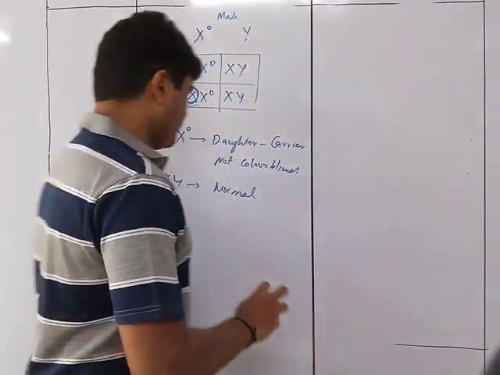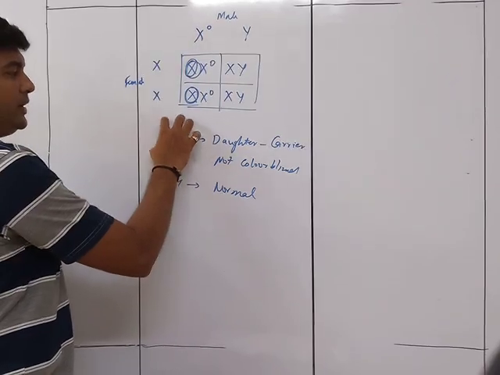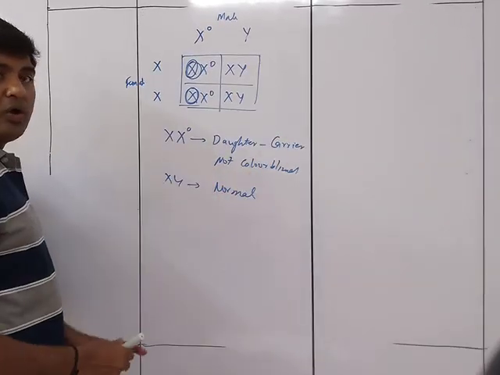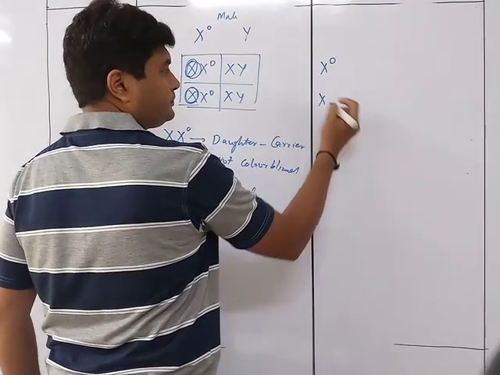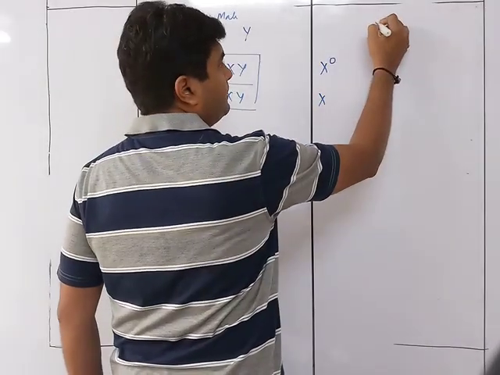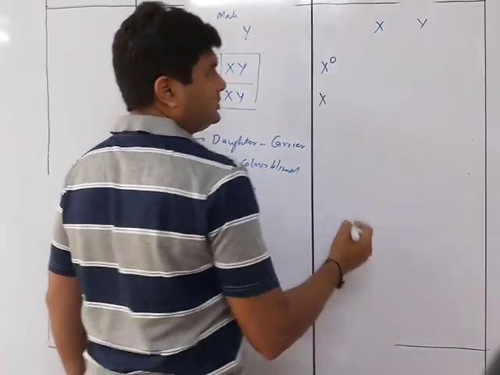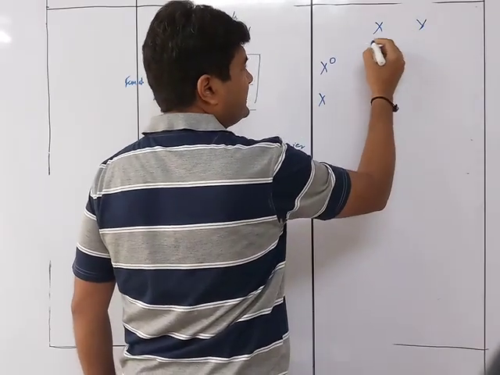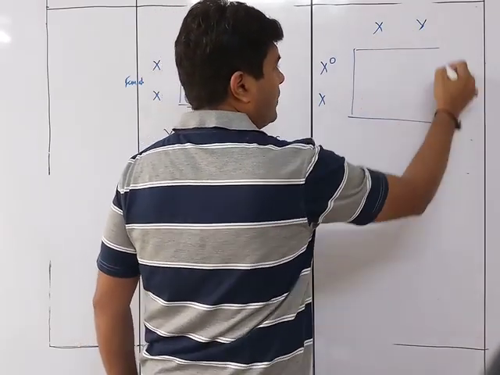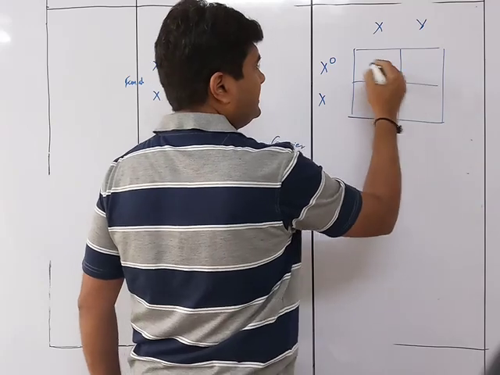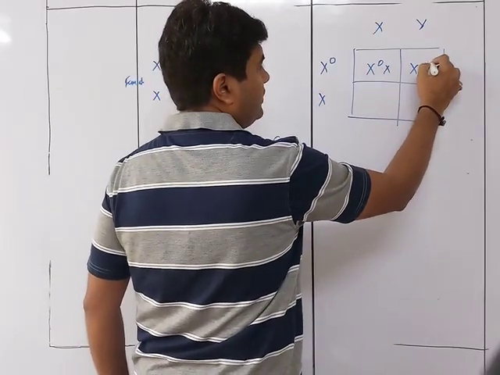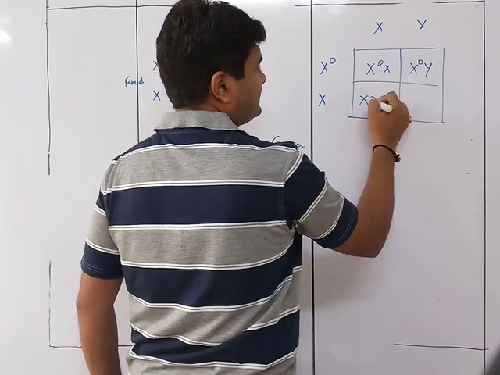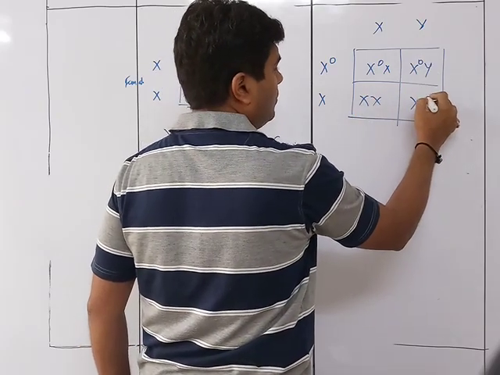Now suppose this female is going to have her babies, and the male she mates with is a normal one. Then this will be X0X, X0Y, XX, and XY.